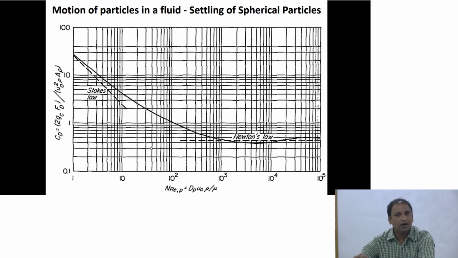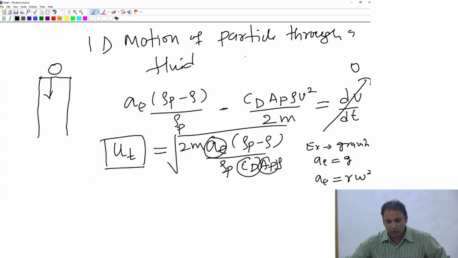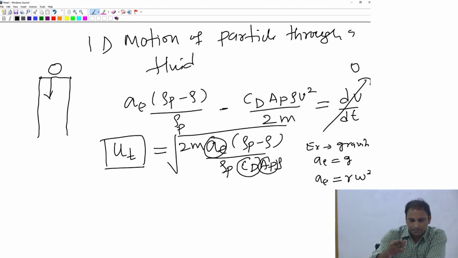In the high Reynolds number regime, when the Reynolds number is more than 1000 up to about 200,000, the drag coefficient more or less remains constant, typically about 0.44. Therefore, I can substitute these into the working equation. So what I'm going to do is simplify this.